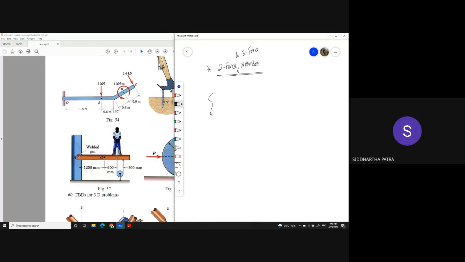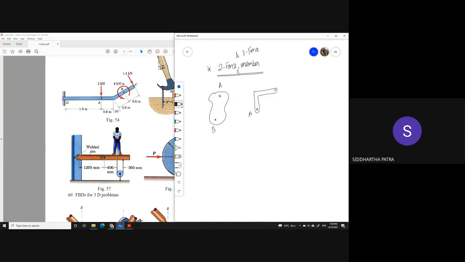So imagine there is this rigid body right here, and it has two locations, A and B. Or let's say this body right here, and there are tiny holes over there to join them through some pin joint to other components.